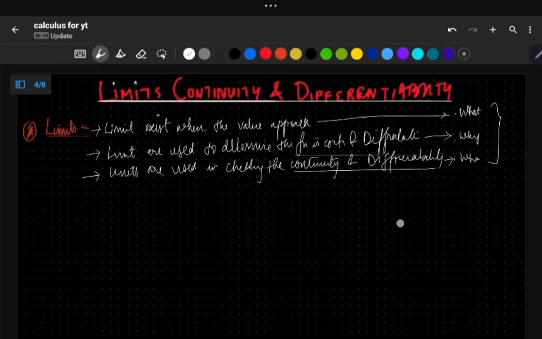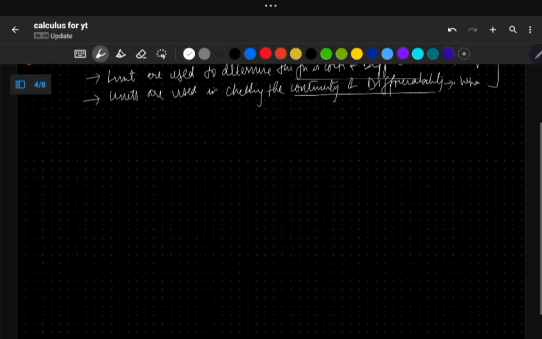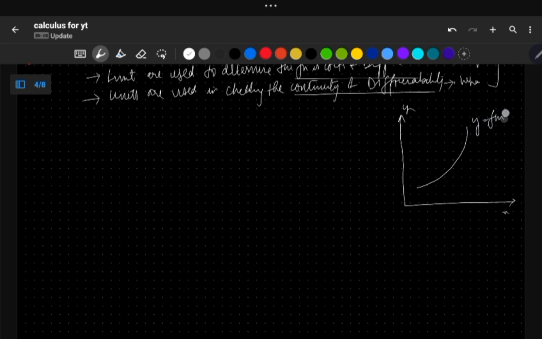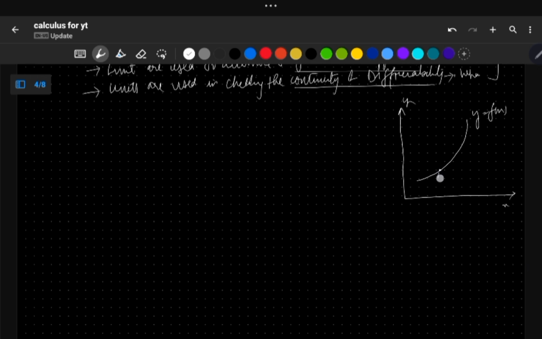So let us discuss more about continuity. What is continuity? Let me take the help of a graph. This is our xy plane, and suppose this is a curve, y is equal to f of x. We have two points, this is a and this is b.